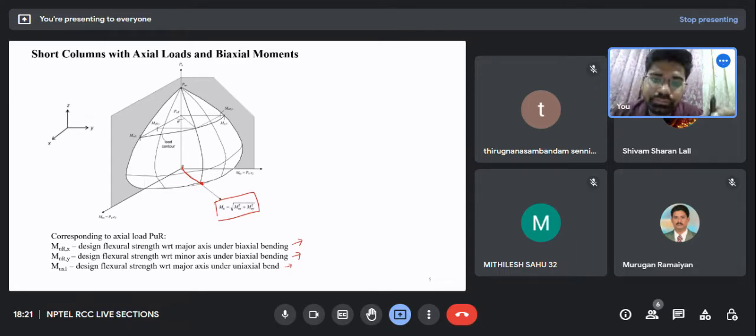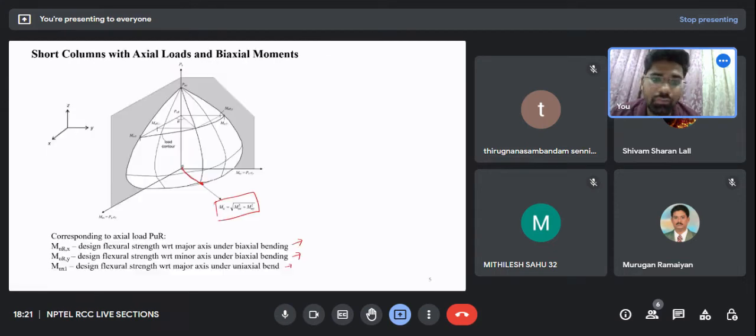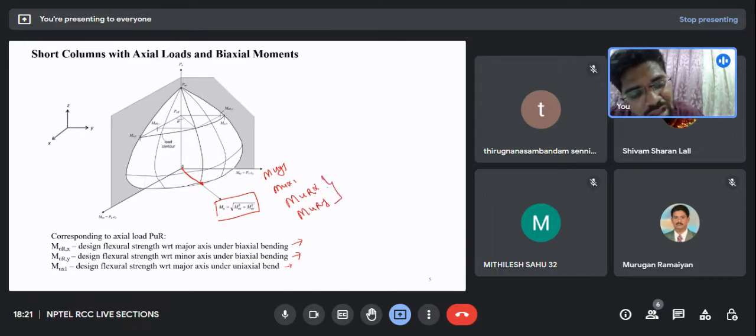Now the difficult part of this problem is, let me help you understand what will happen here. So we have MUY1, MUX1, MUR, MURY, and MURX.